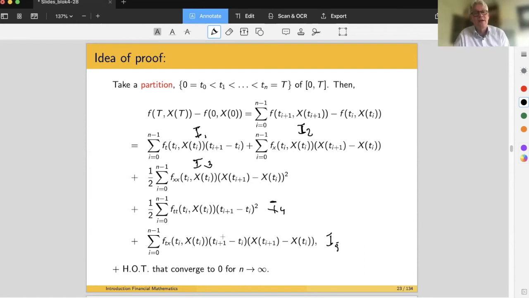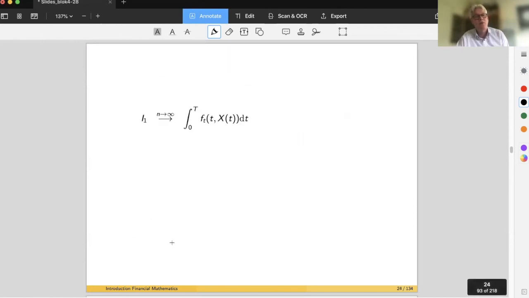Remember, I1 is our term with the first derivative with respect to t, I2 the first derivative with respect to x, I3 the second derivative with respect to x, I4 the second derivative with respect to t, and I5 the mixed one. So I1, when n goes to infinity, converges to the integral from 0 to t of df/dt at (t, xt) dt.